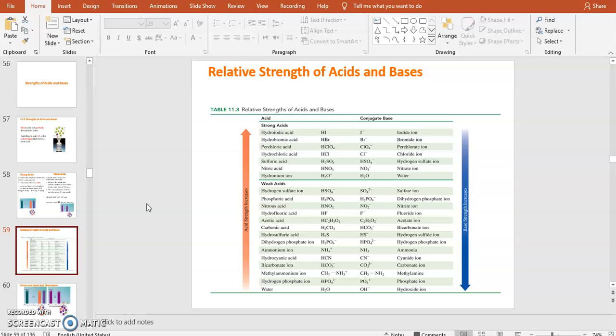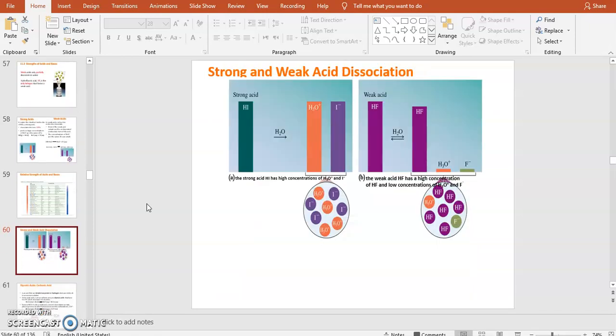Here is another table for the strength of the acids and the bases. Bases also have the same concept. If it's dissociating completely, then we have a strong base. If it's not, we have a weak base. Again, this is the same photo, strong and weak acid dissociation.